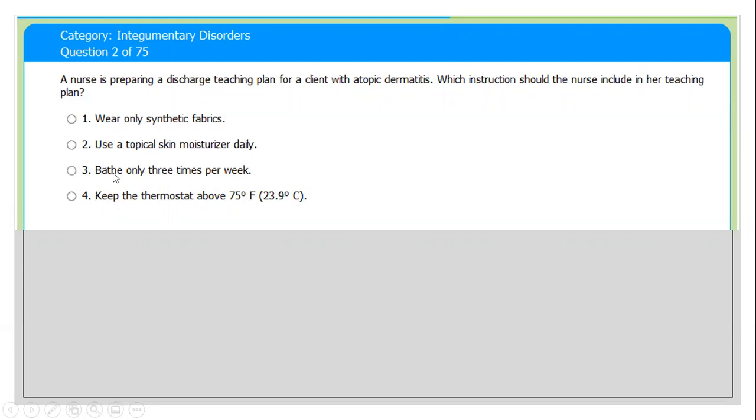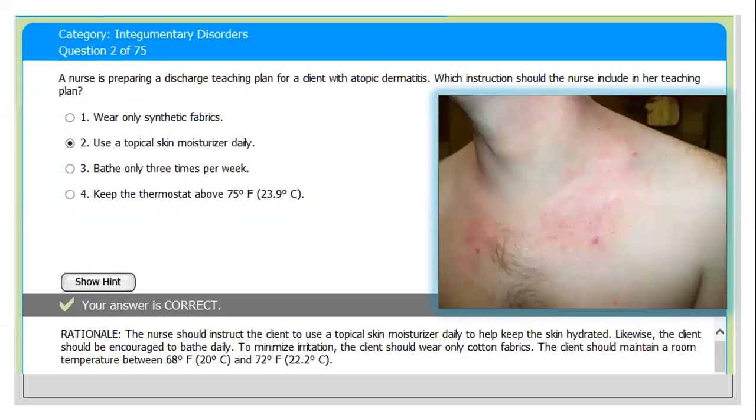Number three, bathe only 3 times per week. Number four, keep the thermostat above 75 Fahrenheit. So what is the correct answer? The correct answer is use a topical skin moisturizer daily.